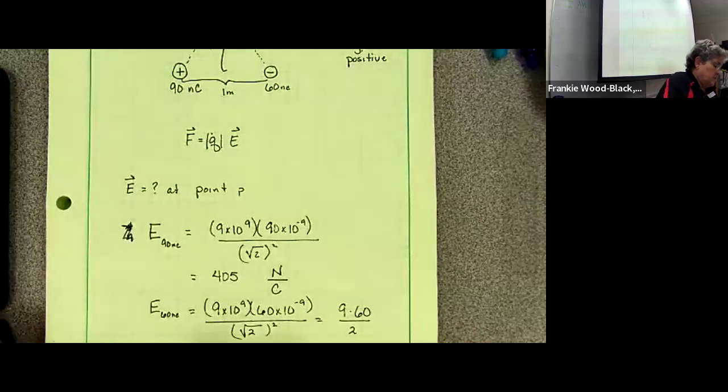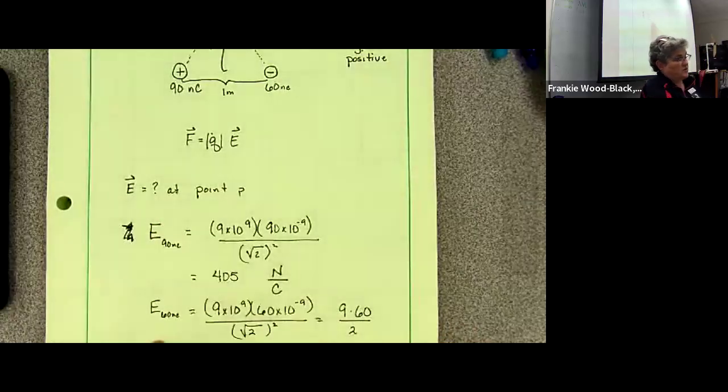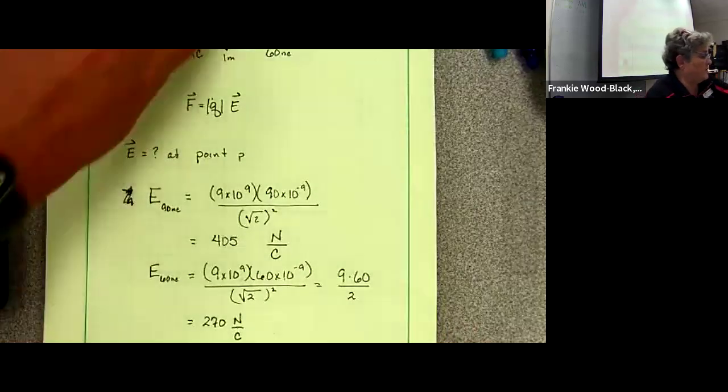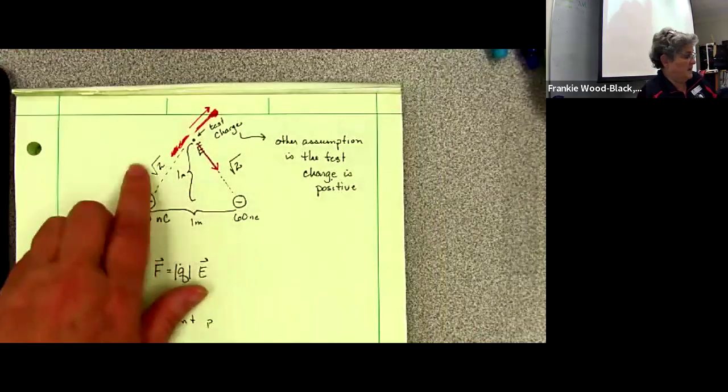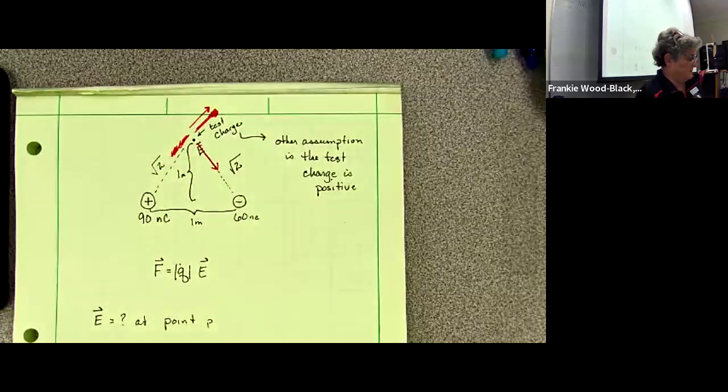This gets 270 newtons per coulomb. Now, those are the magnitudes, right? So we have to play with our angles and all that other good stuff, but we can just sum them up at that point. And we know that our resultant is going to be going off in this direction somewhere.